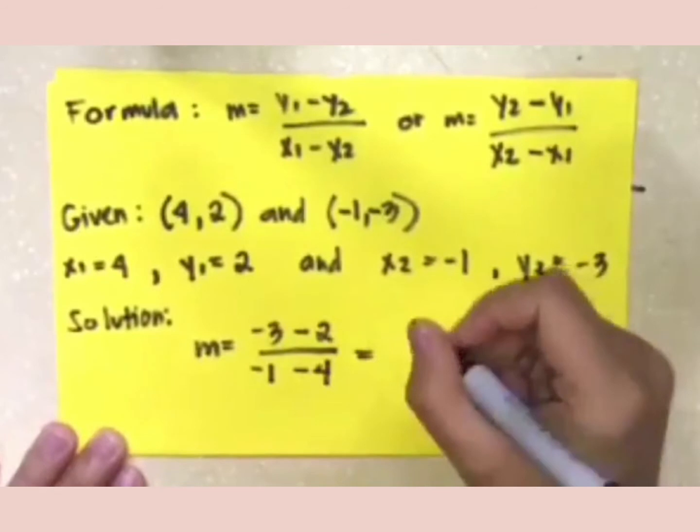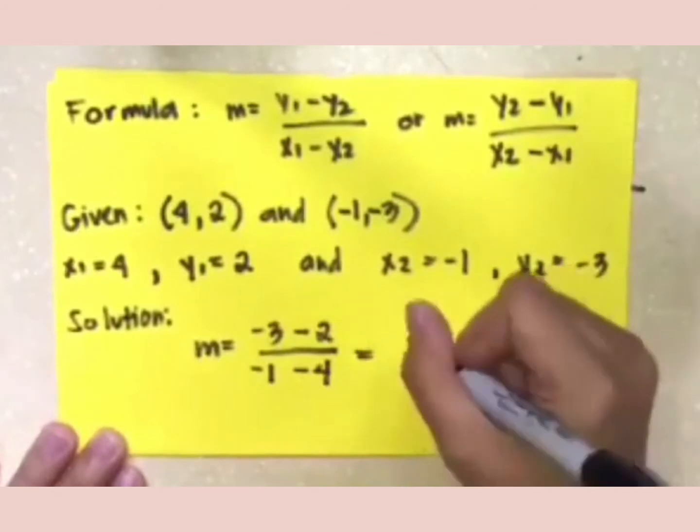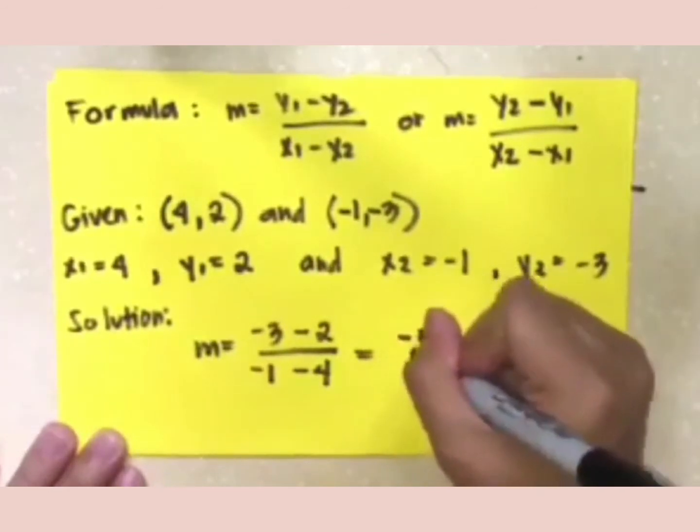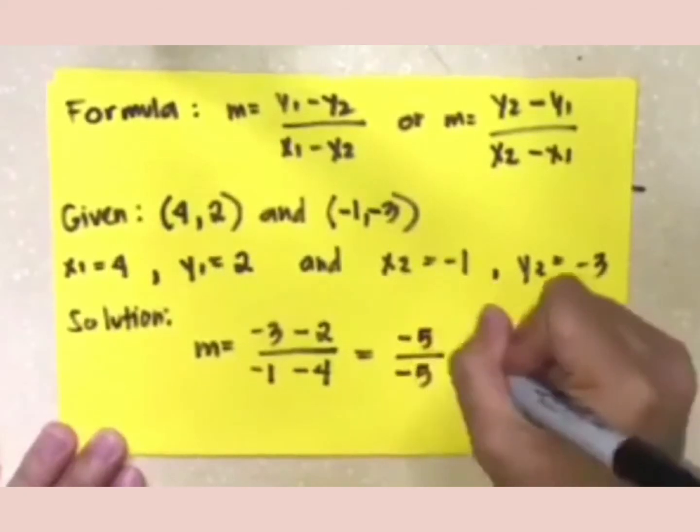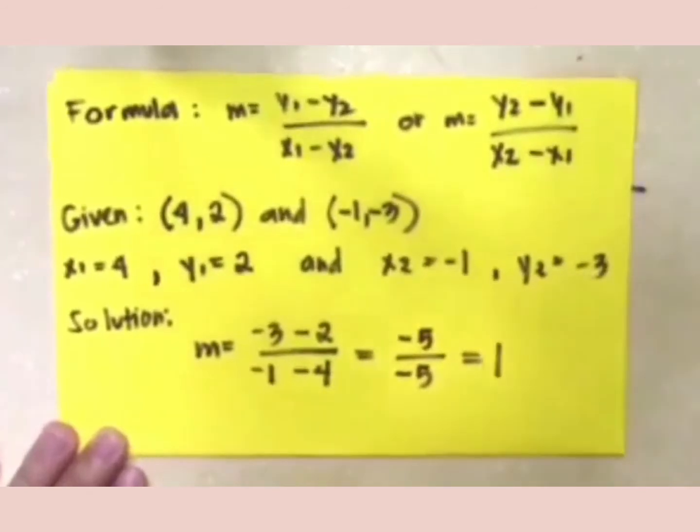Evaluate: negative 3 minus 2 is negative 5, and negative 1 minus 4 is negative 5. The equation should look like this: negative 5 over negative 5. Simplify. The answer is 1.